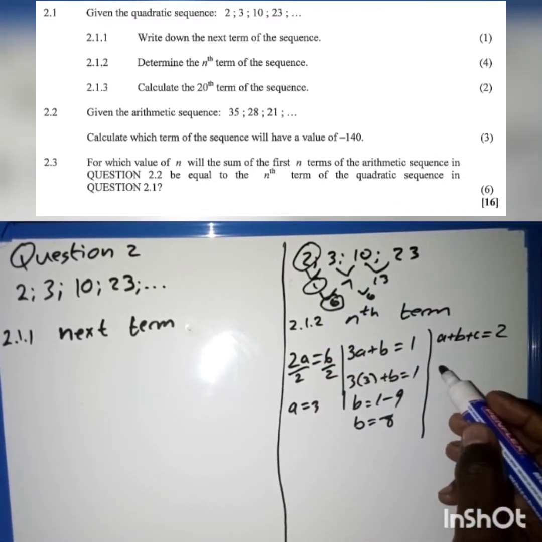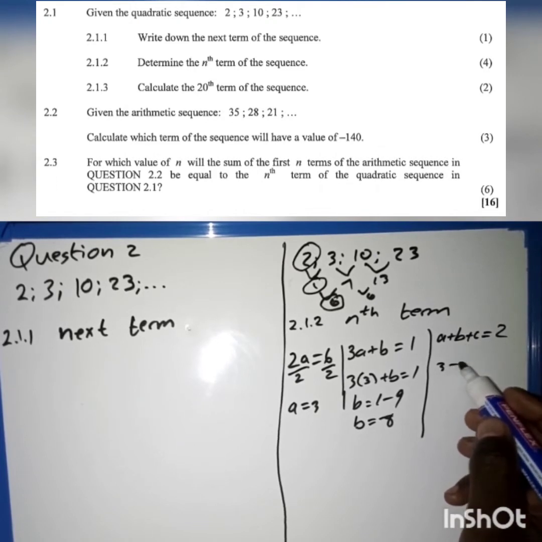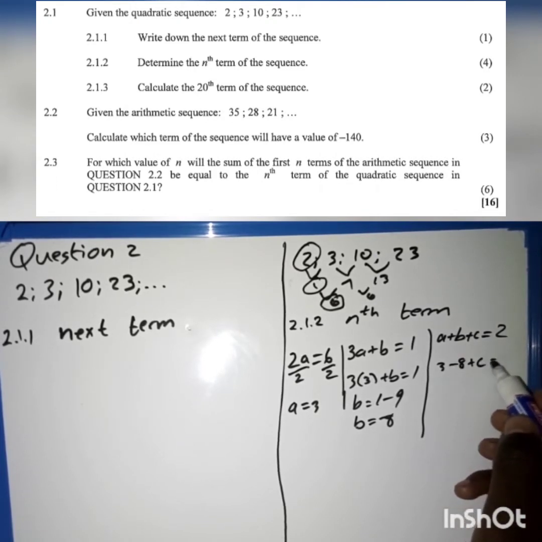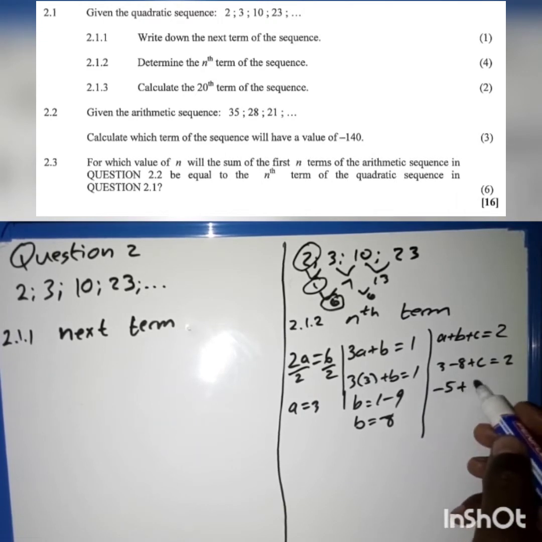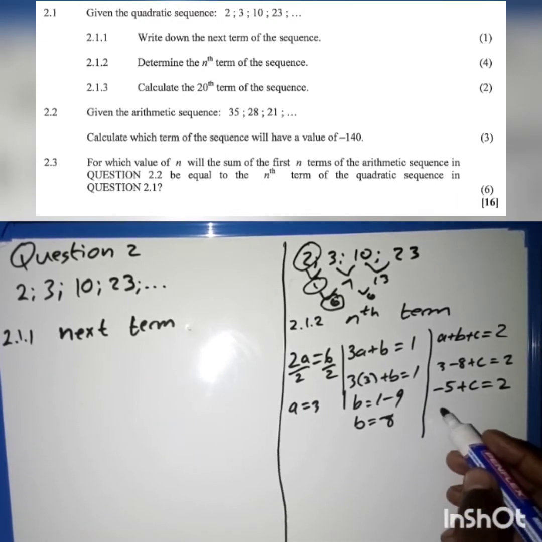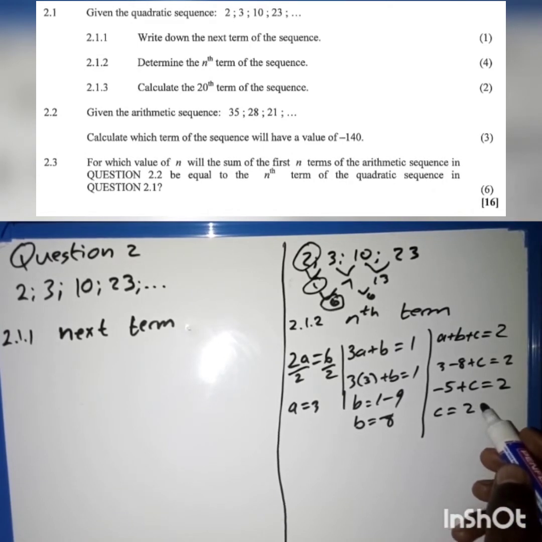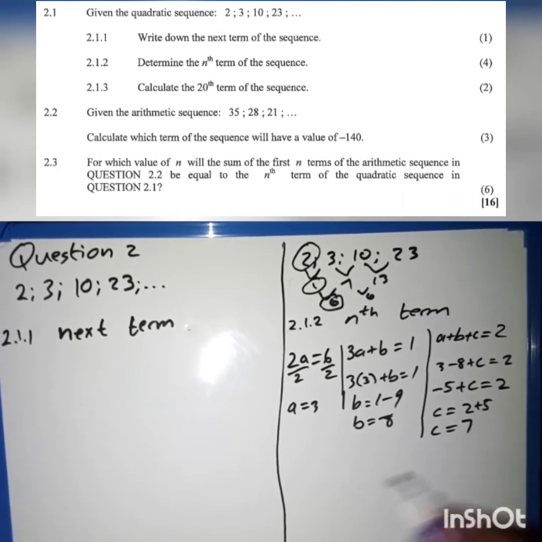My A is 3, my B is negative 8, plus C is equal to 2. So 3 minus 8 is negative 5, plus C is equal to 2. So C will be equal to 2 plus 5, which makes my C equal to 7.